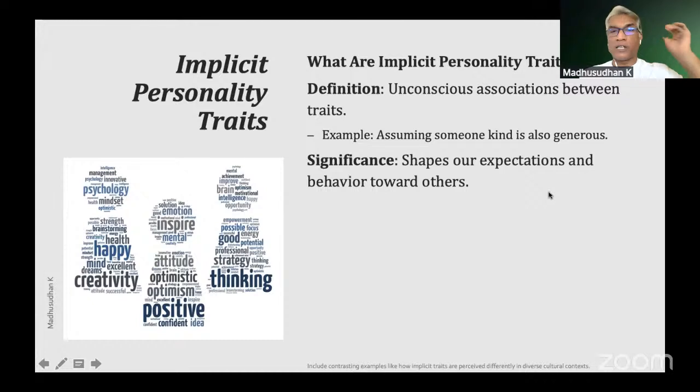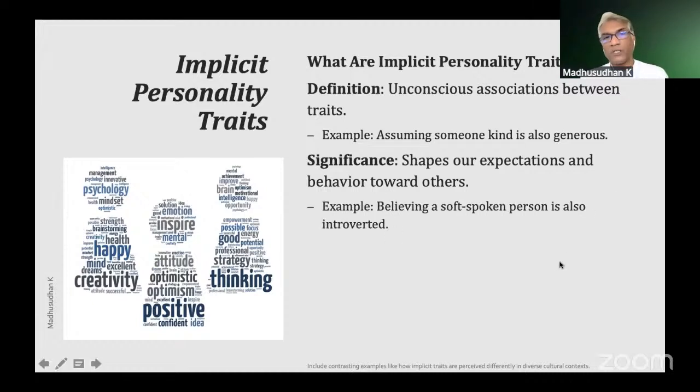Okay, so why is it significant? Implicit personality is significant, it shapes our expectations and behavior towards others. Believing a soft spoken person is also introverted. Somebody, you are sitting in a class, you come to university for practicals, one individual sits away, or comes and sits in the front benches, some may sit in the last benches, and they're not talking to anybody.